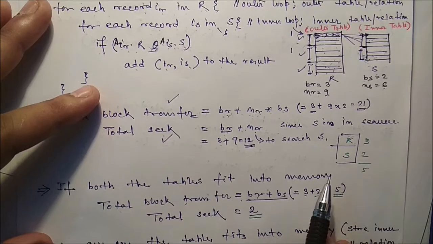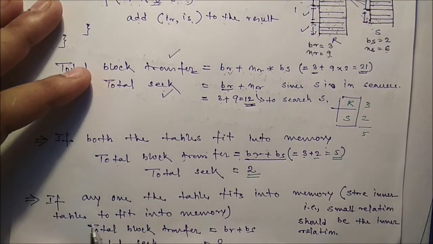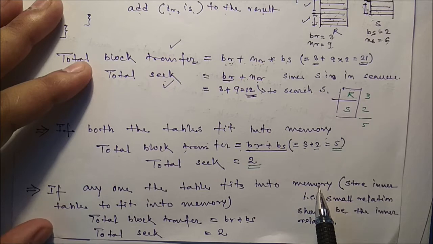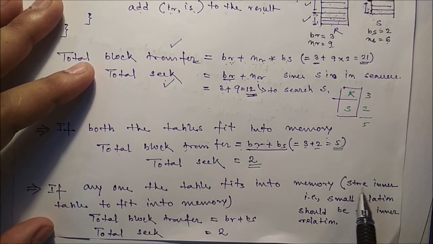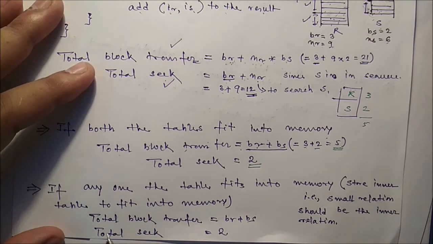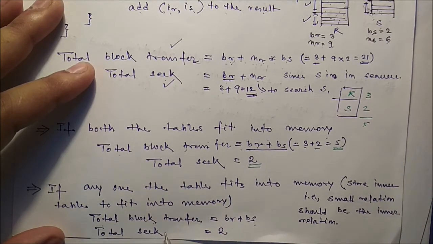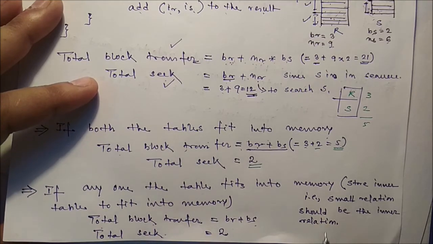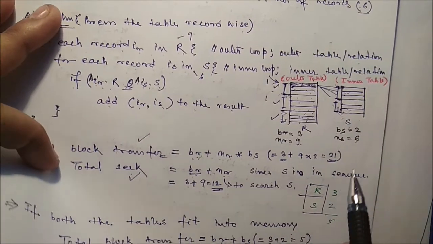Next, if any one of the tables fits into the memory, generally we store the inner table in memory. The total block transfer will be BR plus BS, and the total seek is 2.